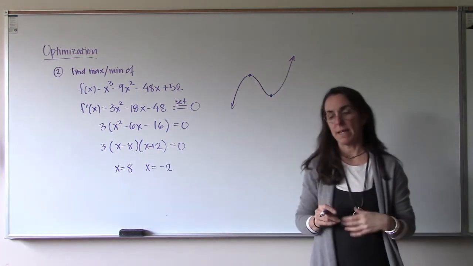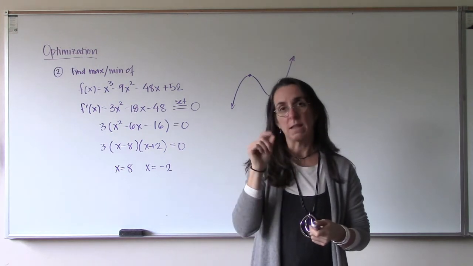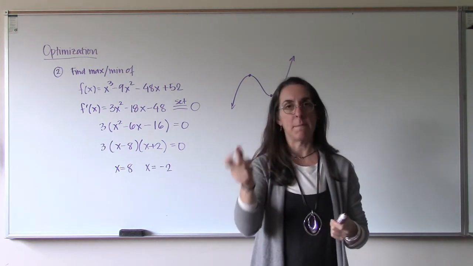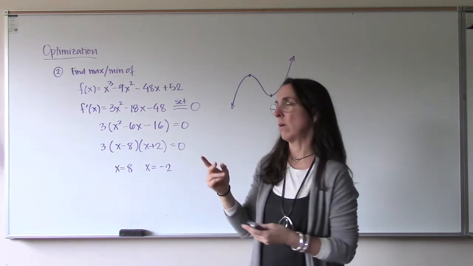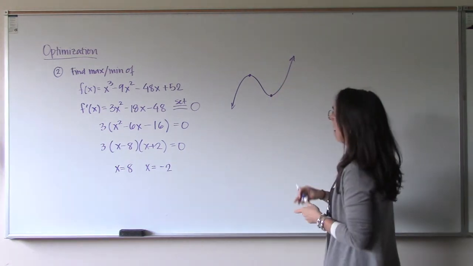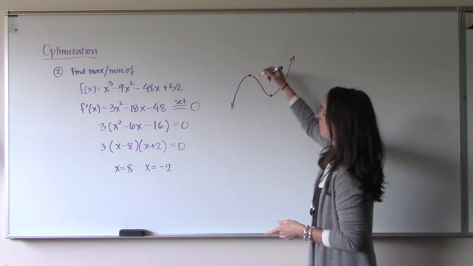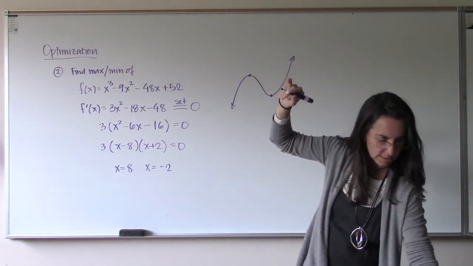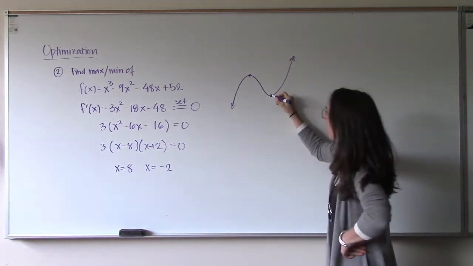So I just wanted to make a little point about the difference between a local max or a min and what they call a global max or a min. The max and the min that we found here, doesn't the graph look like this? Yeah, kind of. So this is where x is equal to negative 2, and this is where x is equal to 8.